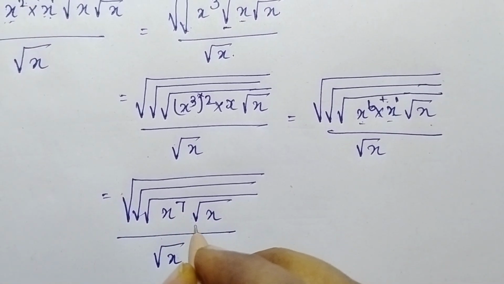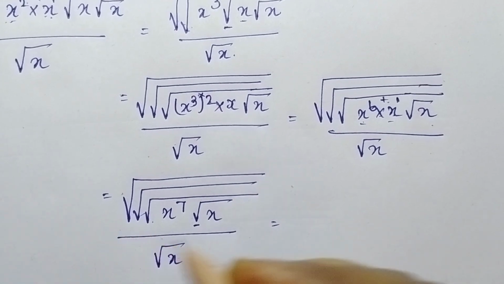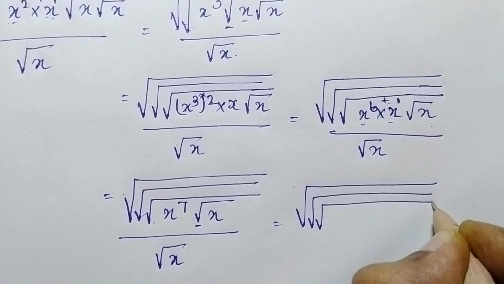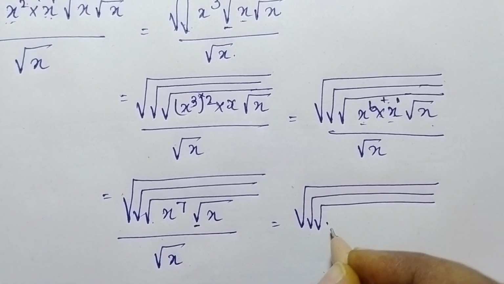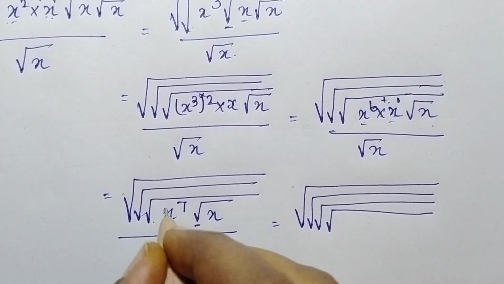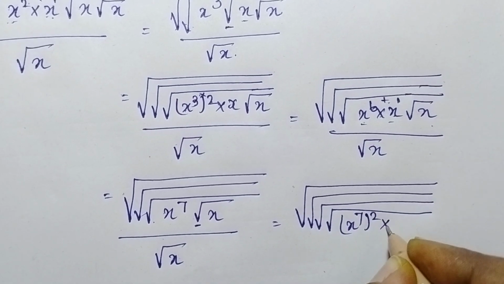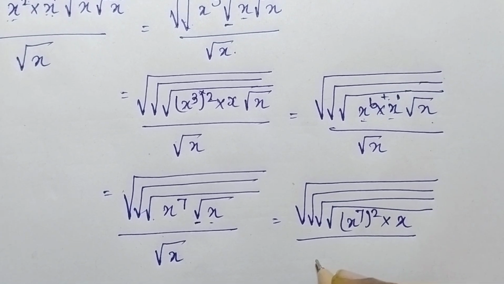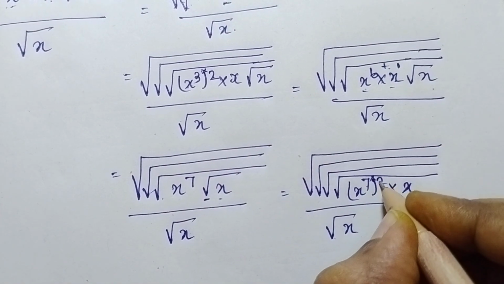Now I need to shift this root commonly. Already 3 roots exist, so I write that. Now I am going to create the fourth root for this. Now this gets squared into this x divided by root x. Both get multiplied: 7 into 2 is 14.